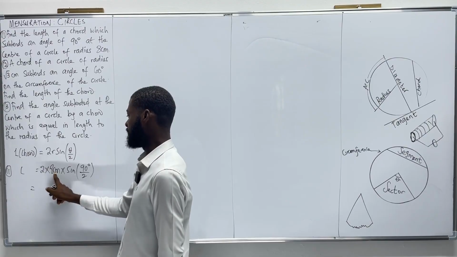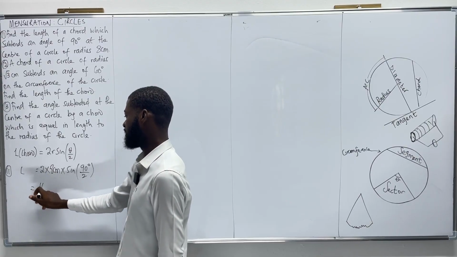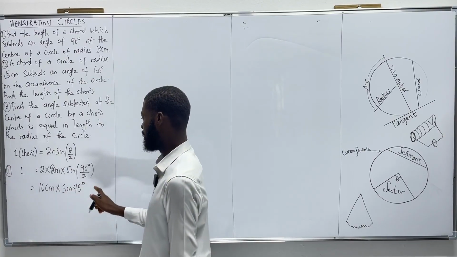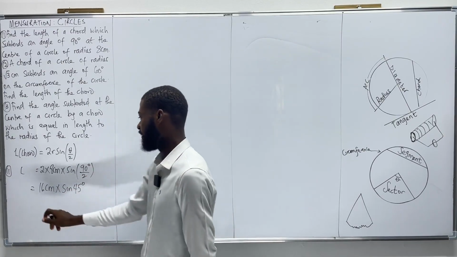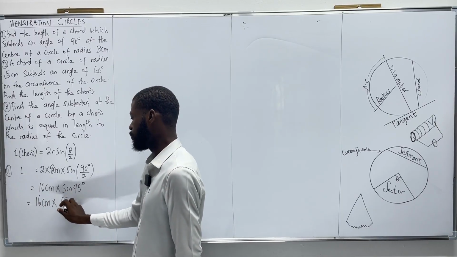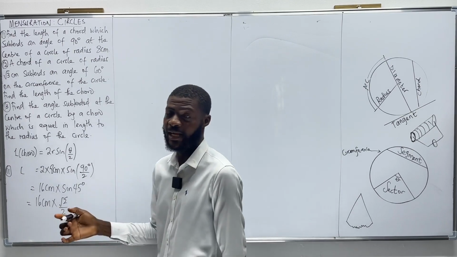So this will give us 16 centimeters times sine 45 degrees, because 90 over 2 is 45. Sine 45 is root 2 over 2 from special angles.